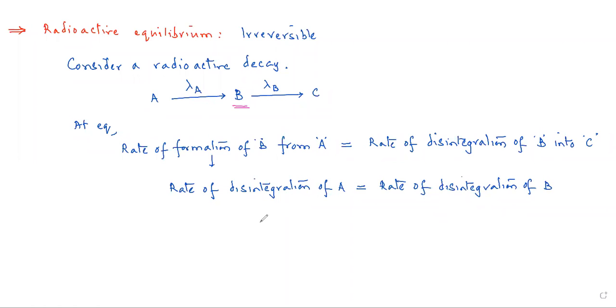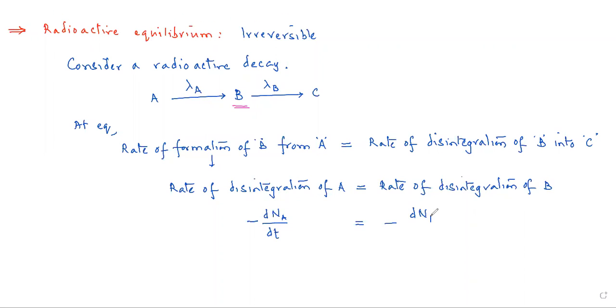Now rate of disintegration of A can be mathematically given as minus dNA by dt, because it is the number of atoms of A left at that particular time on which the rate of disintegration of A depends.